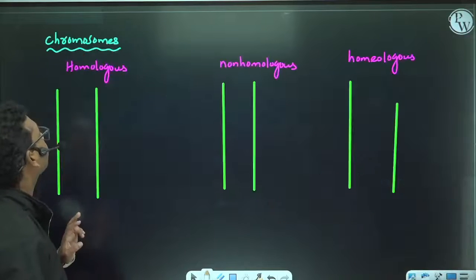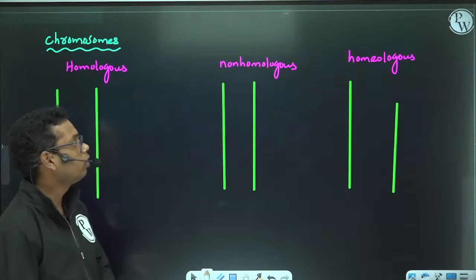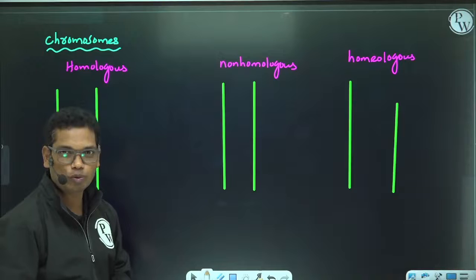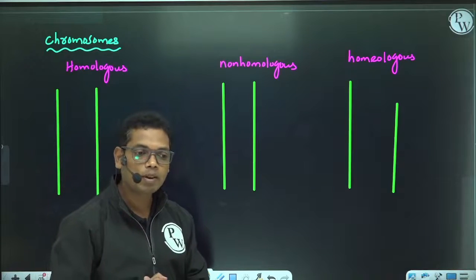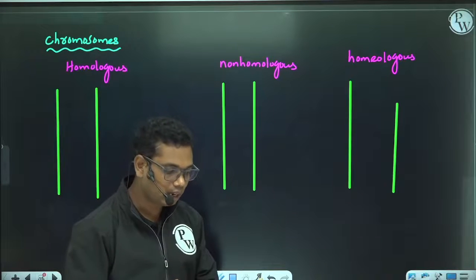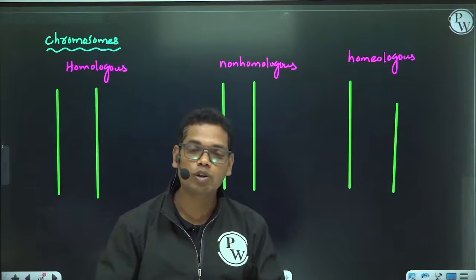Now let me tell you something about the types of chromosomes. The first thing you have to remember is the chromosome can be autosomal chromosome or sex chromosome.